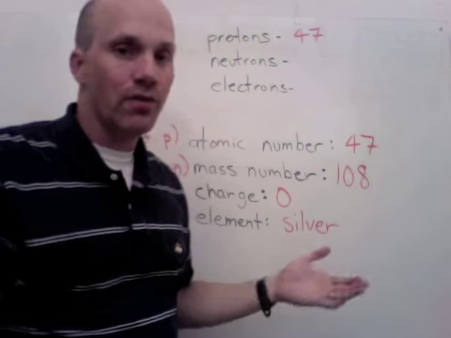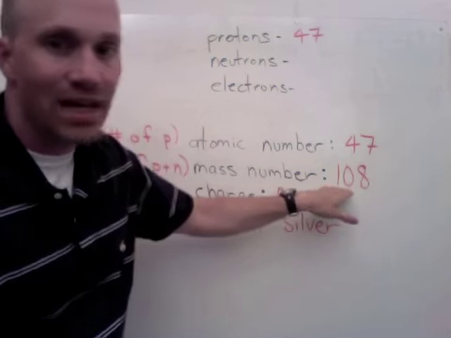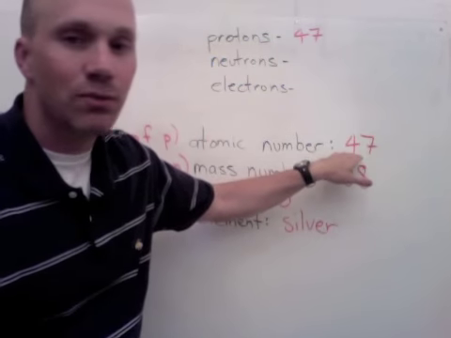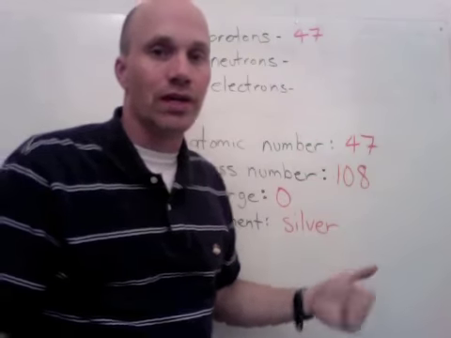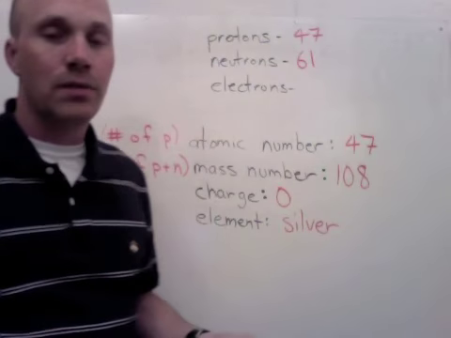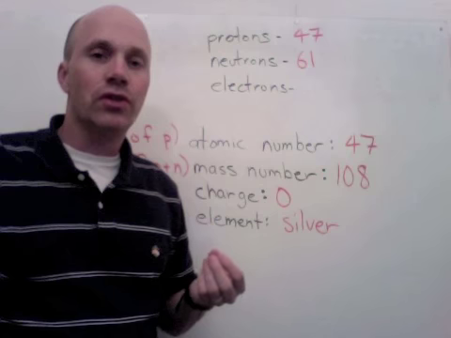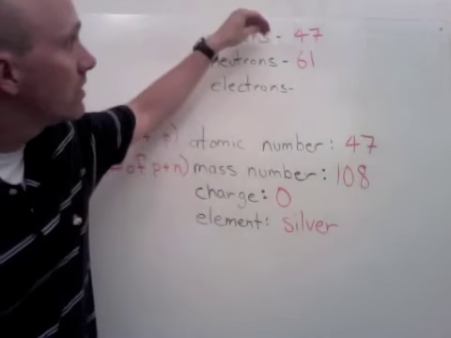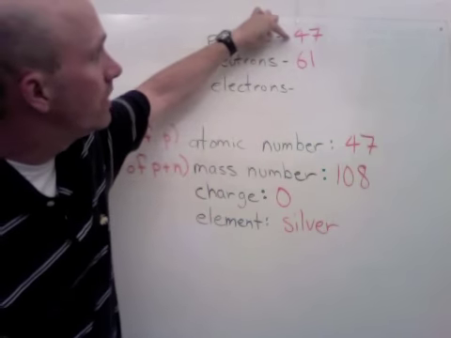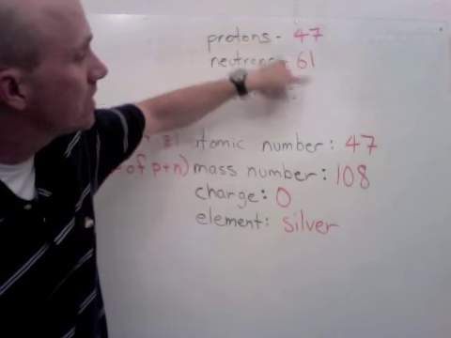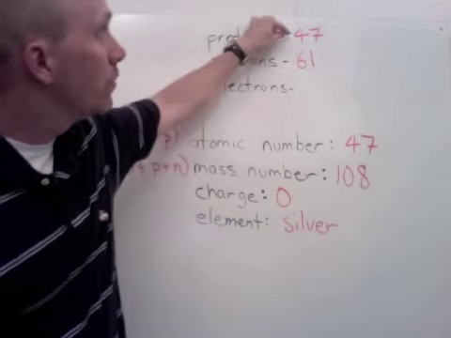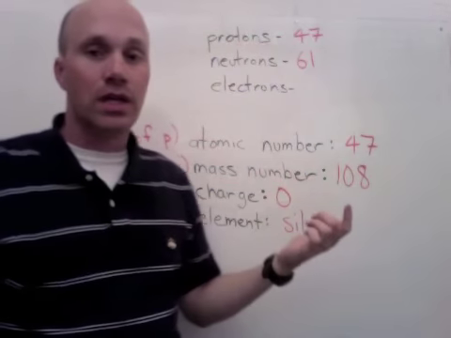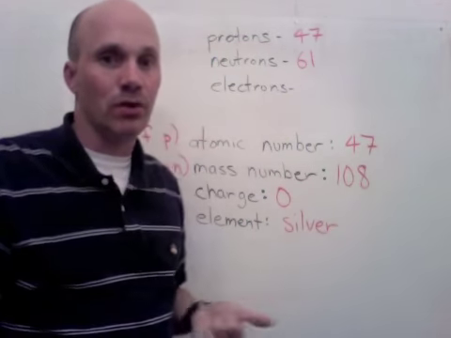So if you're working in reverse, what you're going to do is take this number, subtract this number away, and that should tell you how many neutrons you have. And that's going to be 61. And you can check to make sure that that answer is correct, because if this is right, then this number plus this number should be this. That's what we were doing before. Okay? So 47 plus 61 is going to give you 108, which is the mass number.